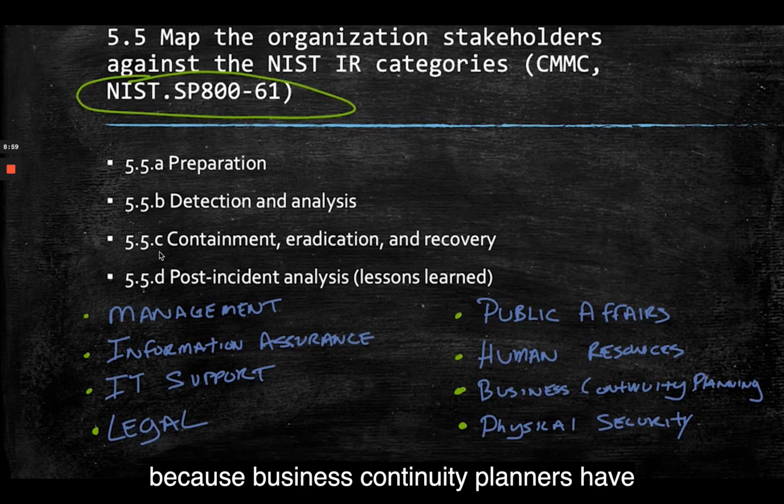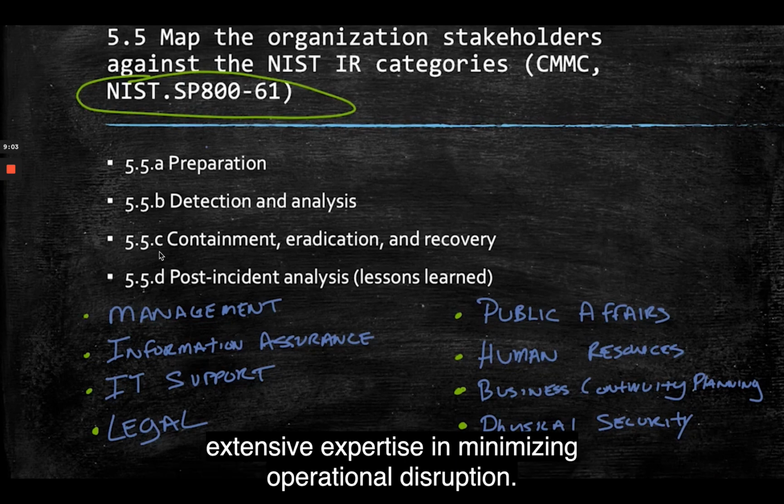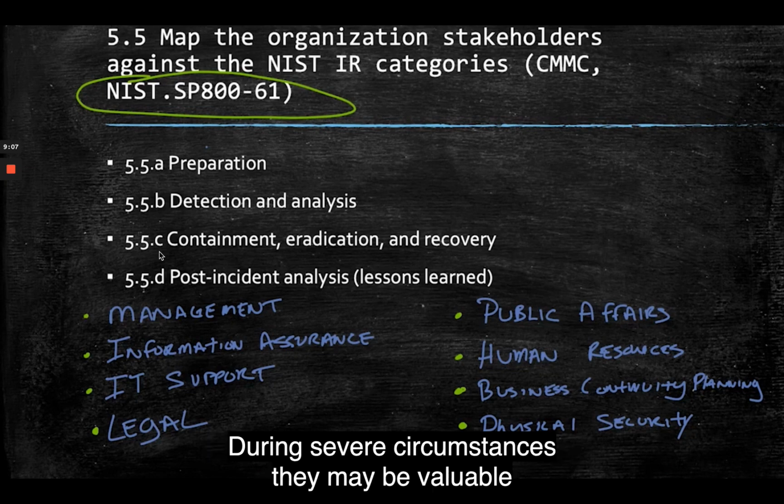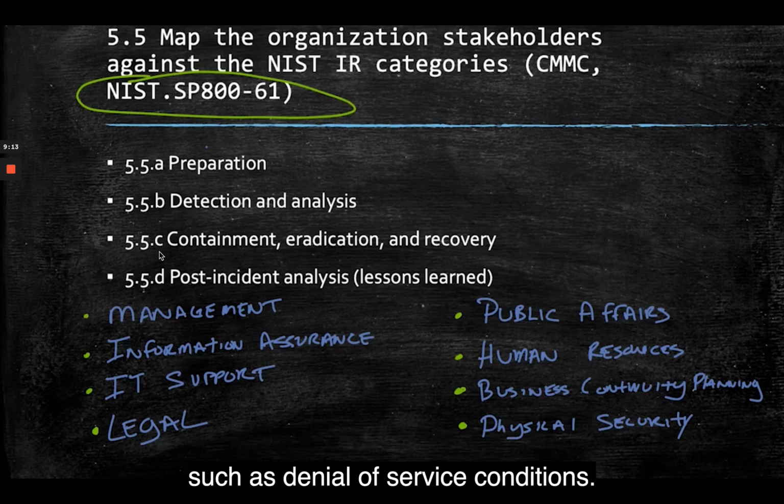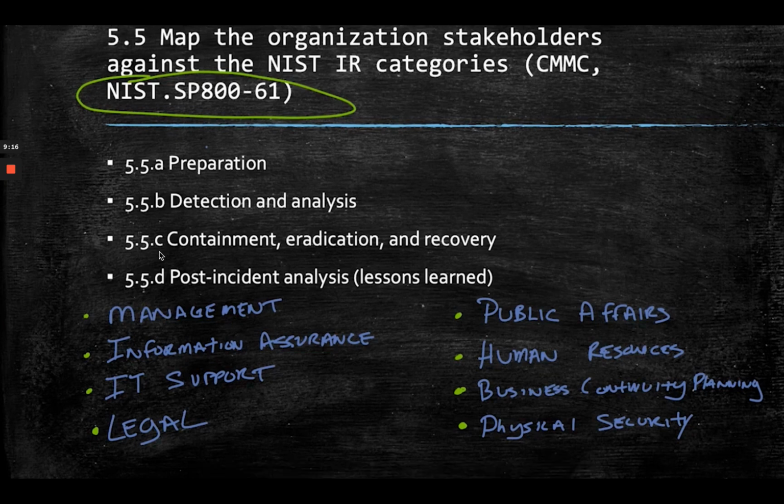Further, because business continuity planners have extensive expertise in minimizing operational disruption during severe circumstances, they may be valuable in planning responses to certain situations such as denial of service conditions.